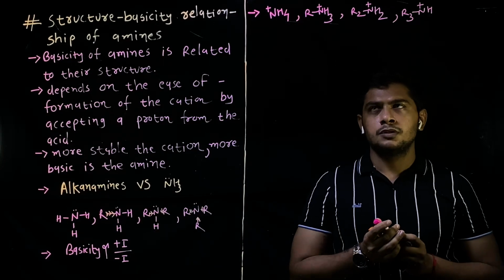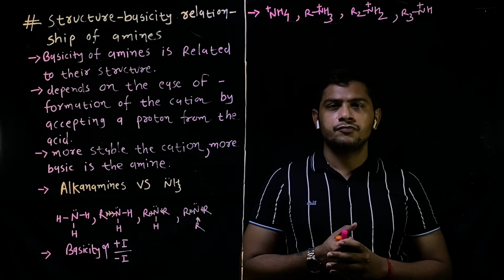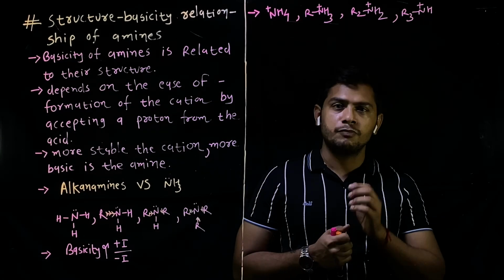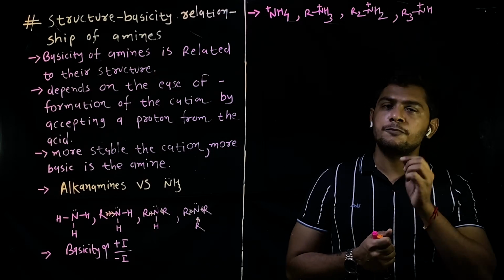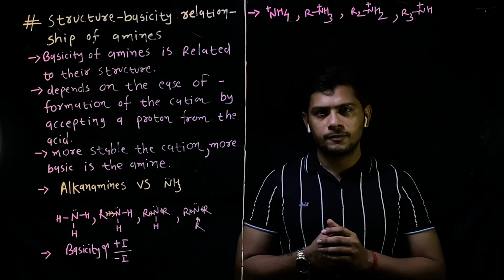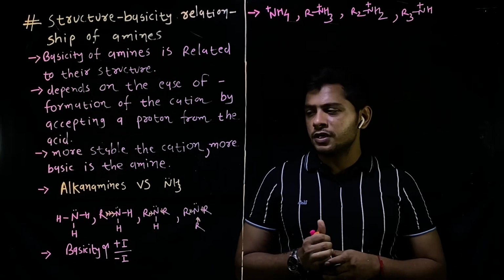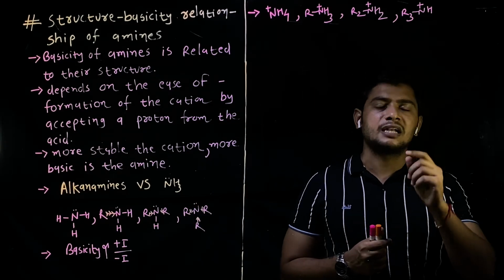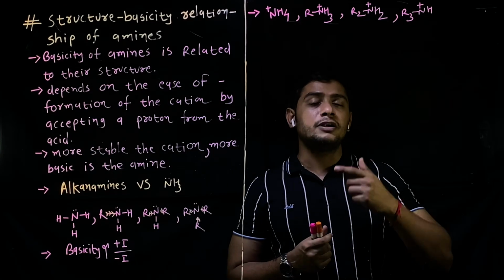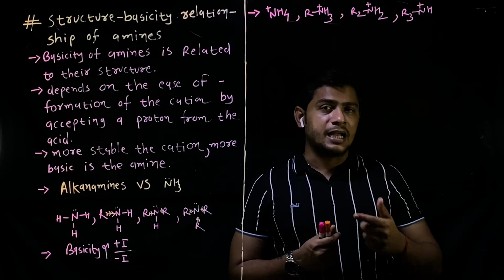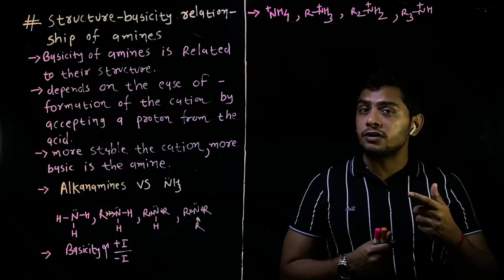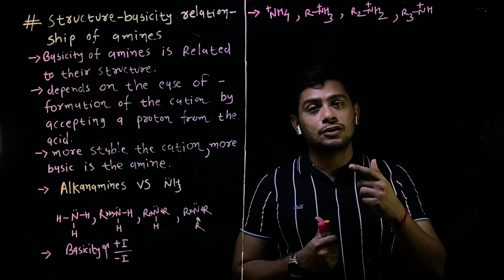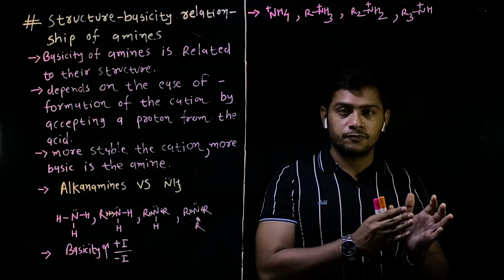Now we can see that more alkyl groups means a more stable positive charge on nitrogen. I already mentioned that if the number of alkyl groups increases, the alkyl groups will donate electrons and make electrons available on nitrogen for donation.